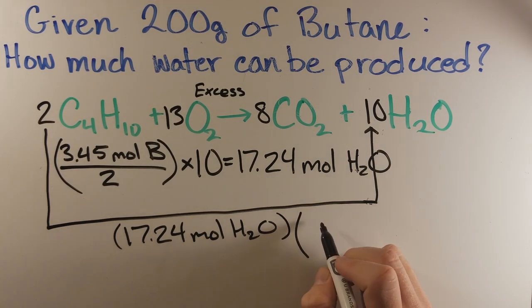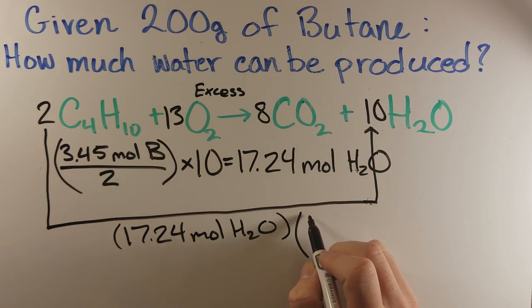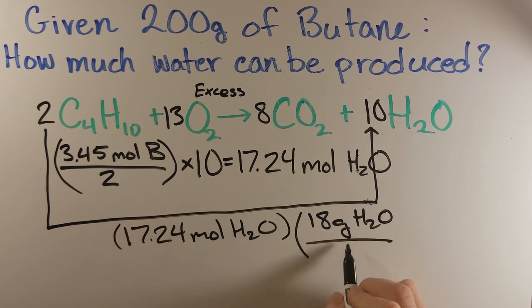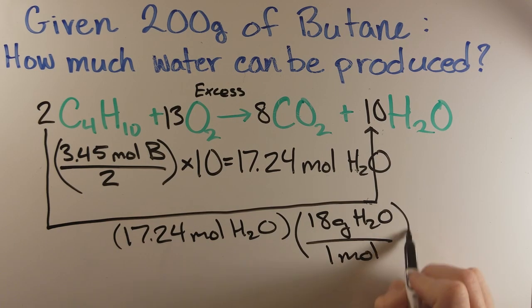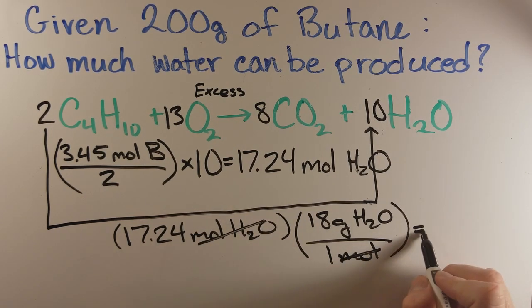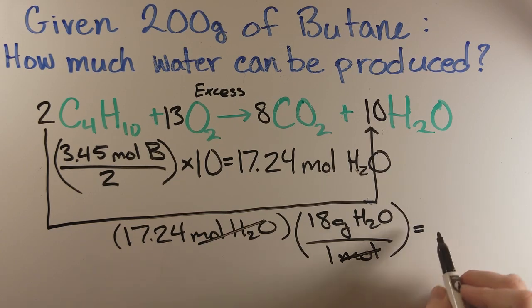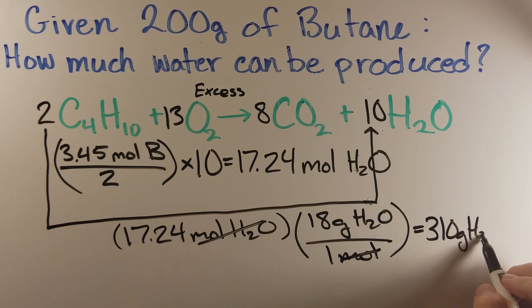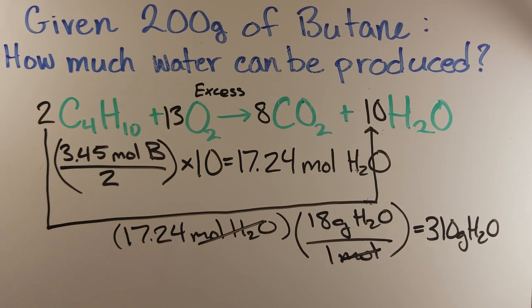So for 18 grams of water, we have a mole of water. So moles cancel. If you multiply this out, we produce 310 grams of water. And that's if the reaction went to completion.